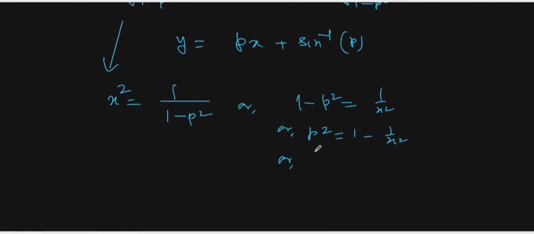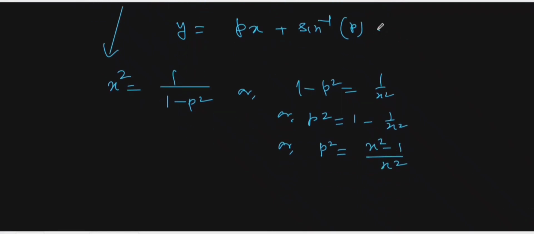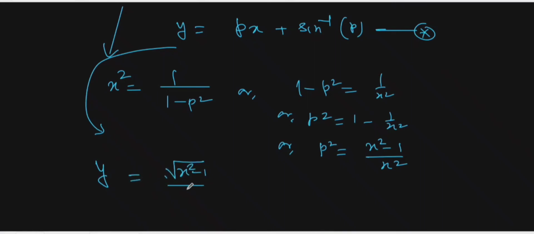So we'll get p square equals x square minus 1 upon x square. But this is the equation star. From here we'll get y equals root over x square minus 1 upon x times x minus sin inverse root over x square minus 1 upon x.